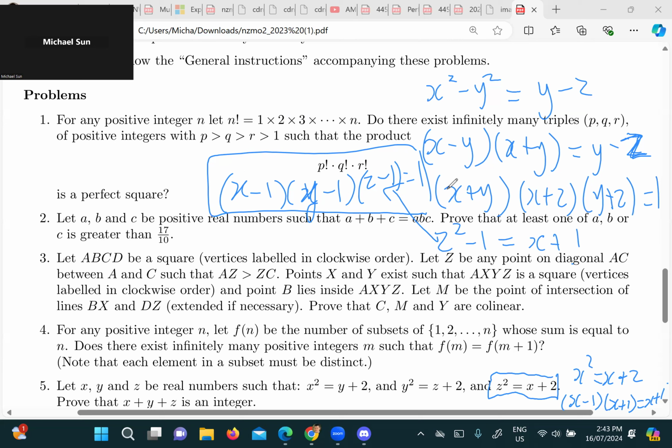Okay, and then we got a bit stuck. And then, a crazy revelation, we did the same thing again. Instead of minus 1, minus 2, y minus 2, plus 2, so plus 2 equals 1.